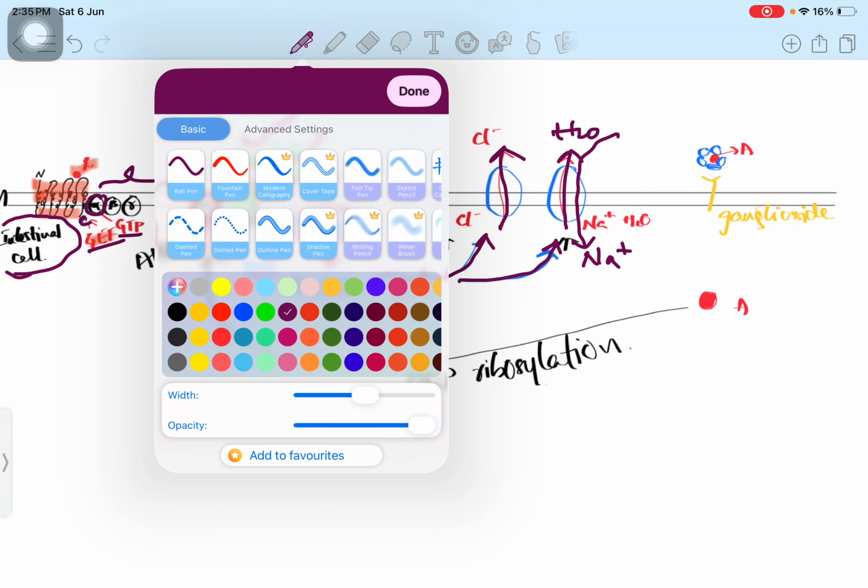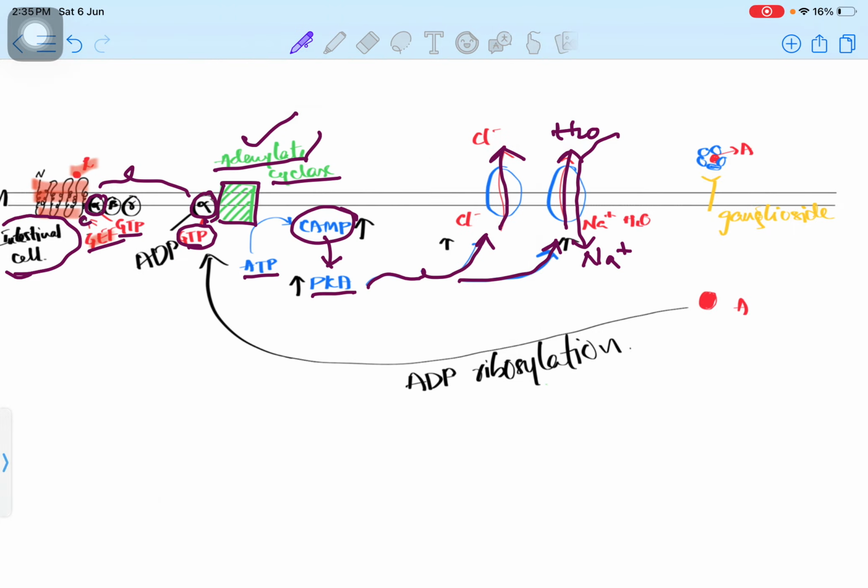But whenever the cholera toxin enters our body, what will happen? Let's try to understand how the cholera toxin enters. There is a ganglioside receptor present on the plasma membrane. This ganglioside receptor will get attached with the cholera toxin, but the whole hexamer will not enter.